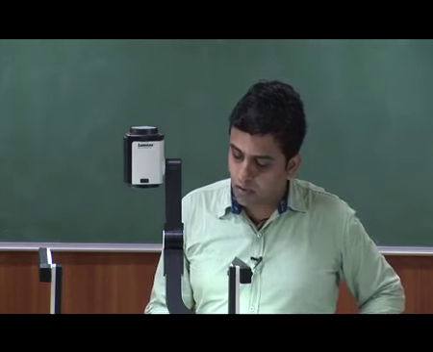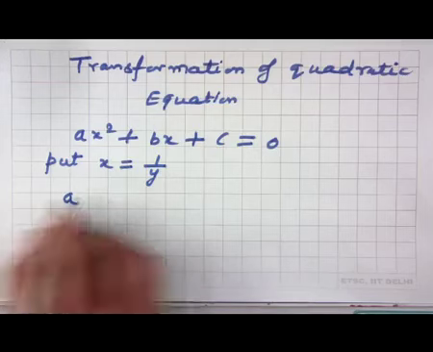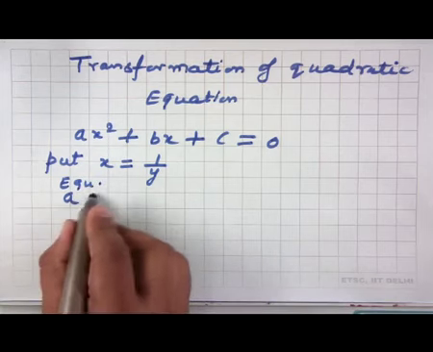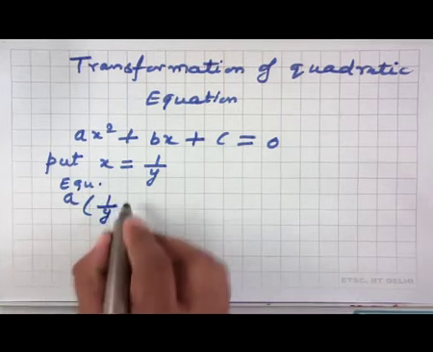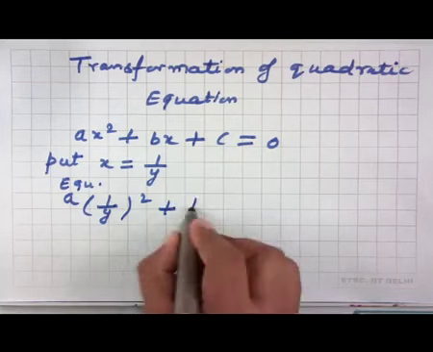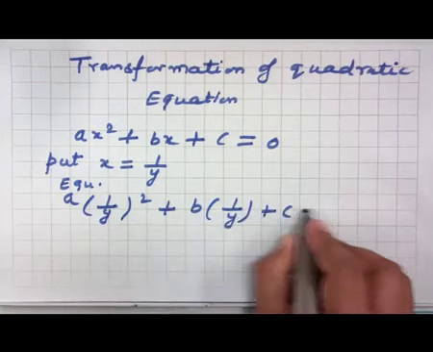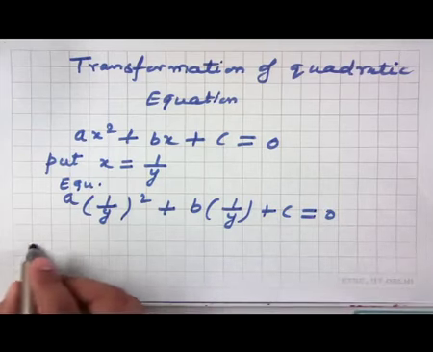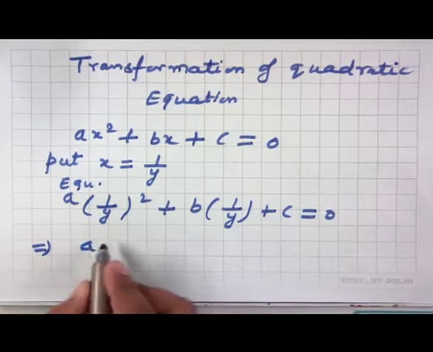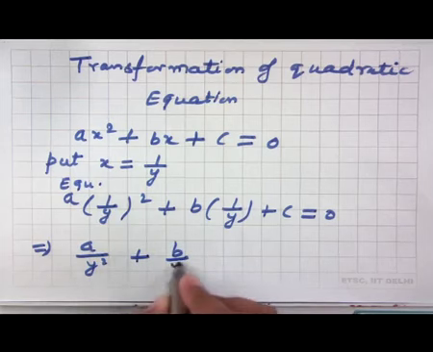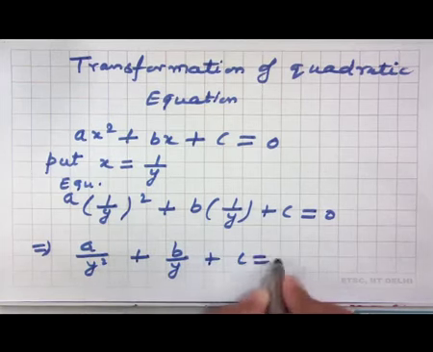Now, put x equal 1 upon y, the equation will be a times (1 over y) whole square plus b times 1 over y plus c equals 0. Now, the equation will be a over y square plus b over y plus c equal 0.